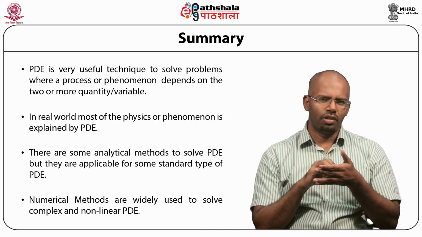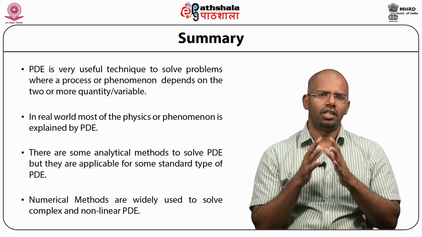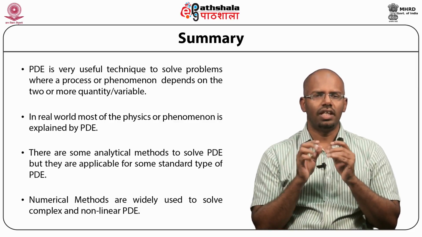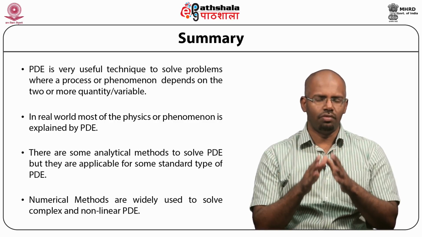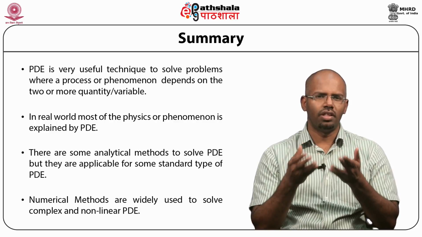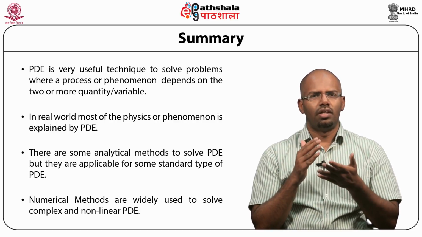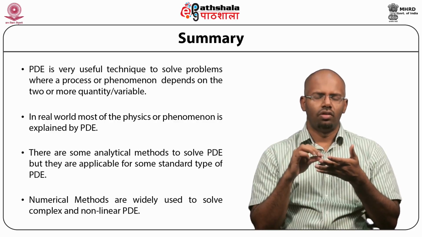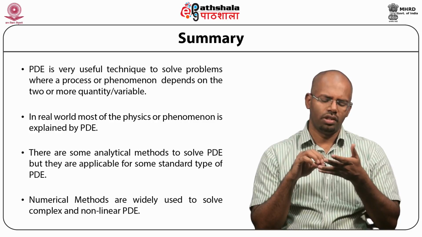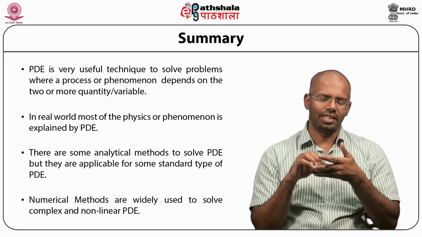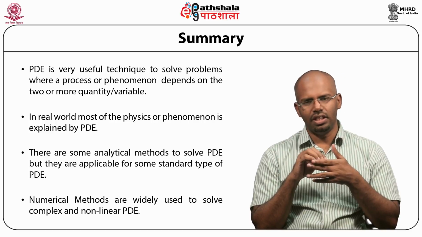The second important thing that you should remember out of this module is that PDEs arise only when there is more than one independent variable that your phenomenon or function is dependent on. In terms of space, there are only three distinct variables: x, y, and z axis, and for time there is only t.